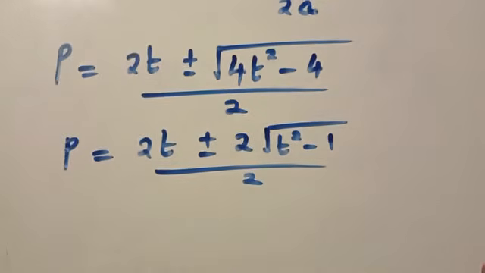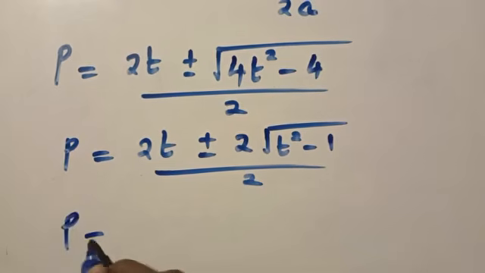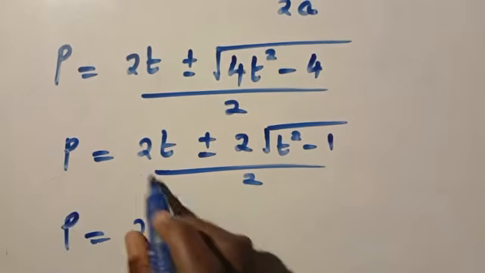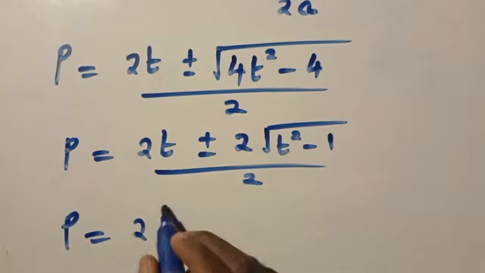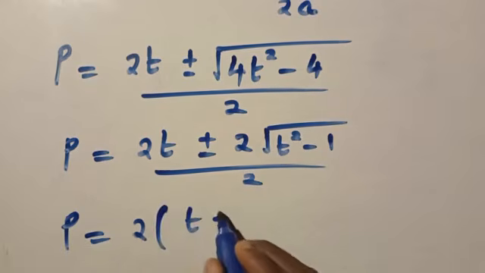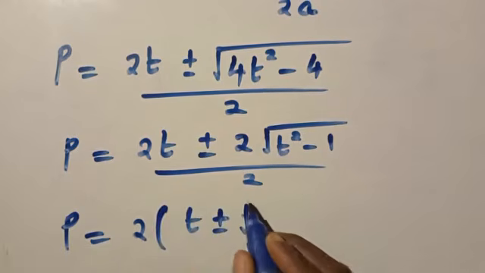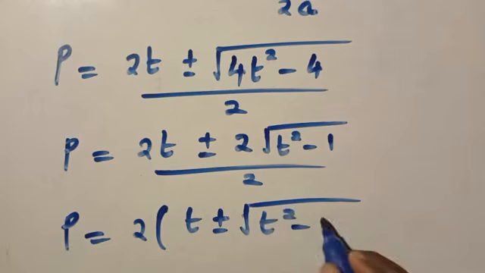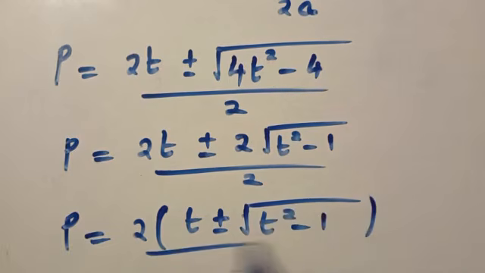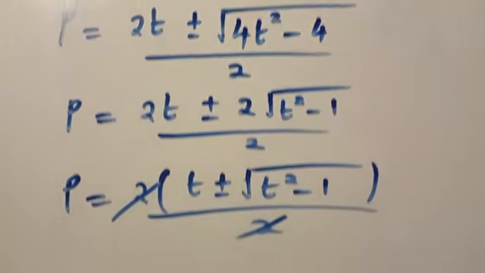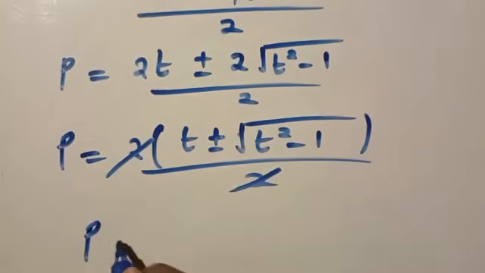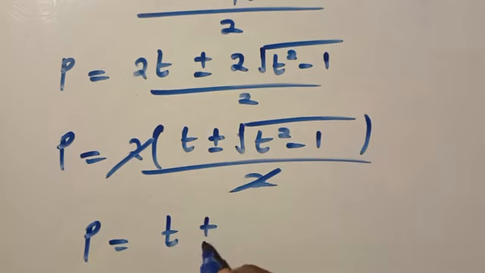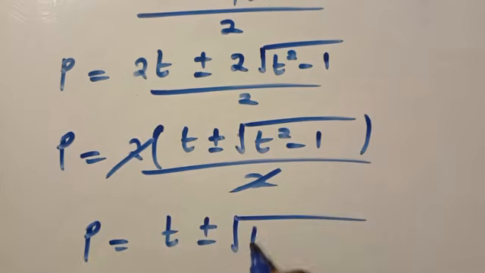Factoring out 2, we have t plus or minus the square root of t squared minus 1, divided by 2, and when 2 cancels 2, we get p equals t plus or minus the square root of t squared minus 1. This is what we have.